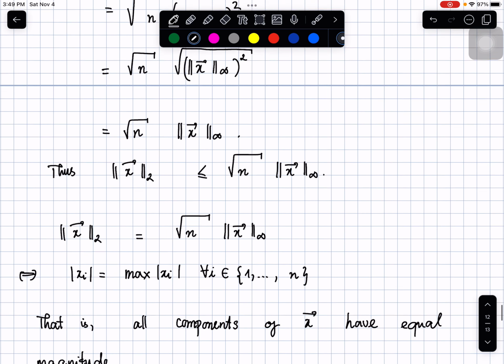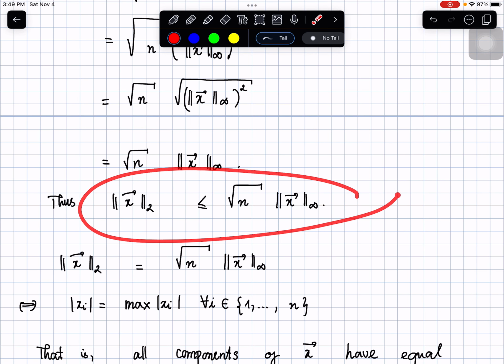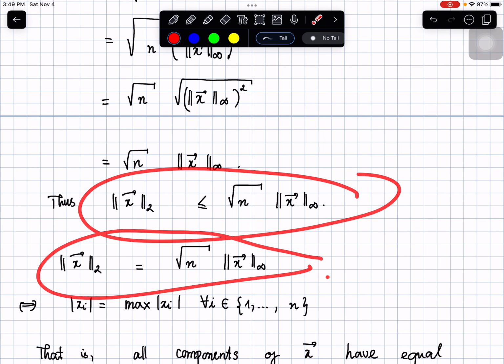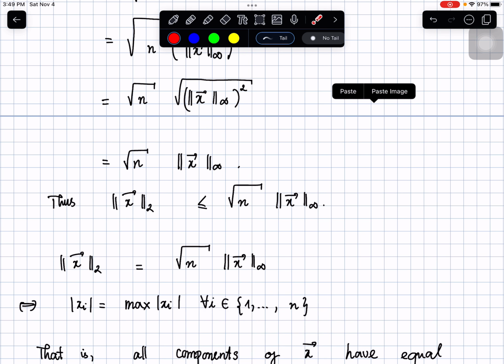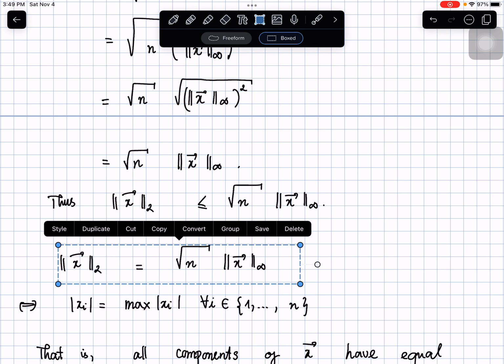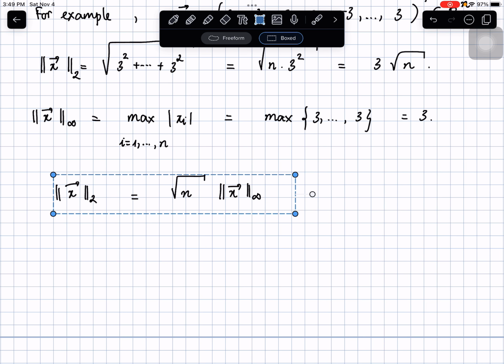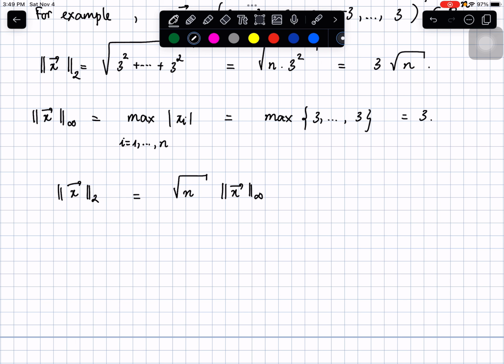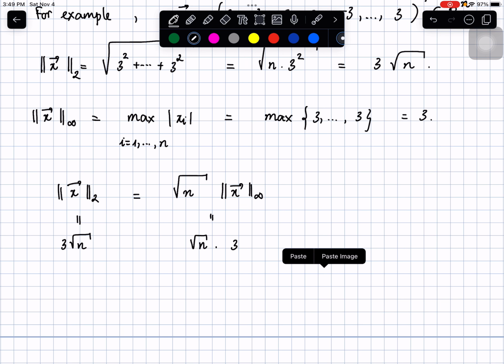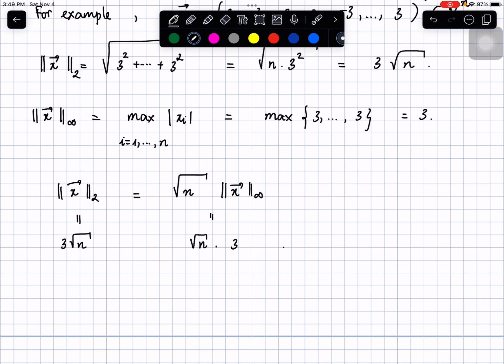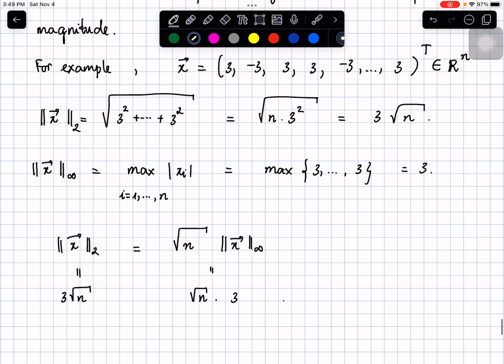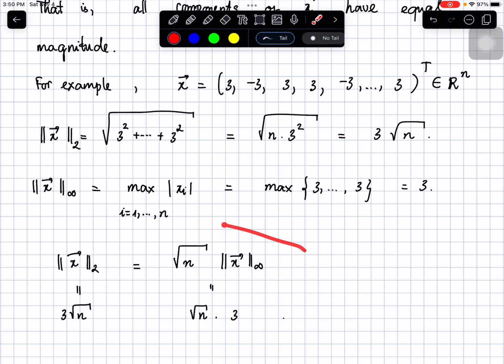So the inequality now becomes an equality, which means that we have this condition. Therefore, this norm 2 is 3 root n. This is root n times 3, the same. So yes, we get an example where the equality is true.